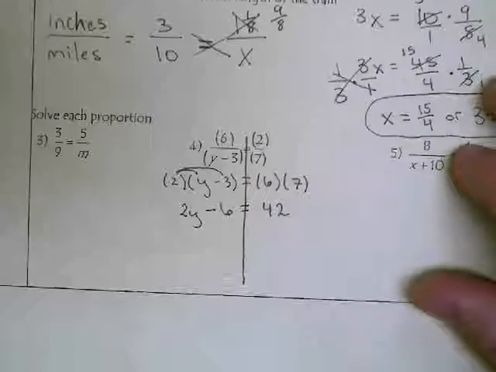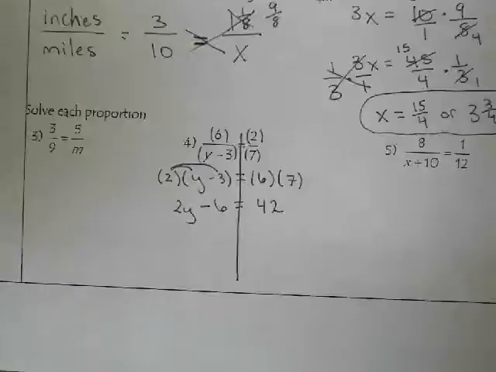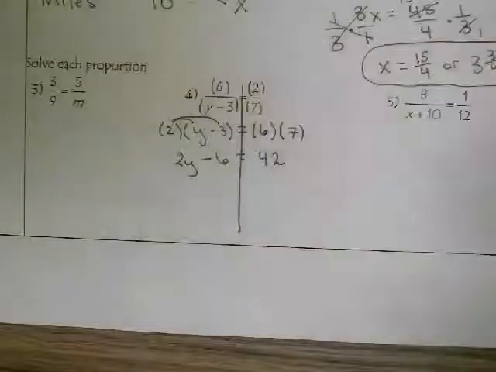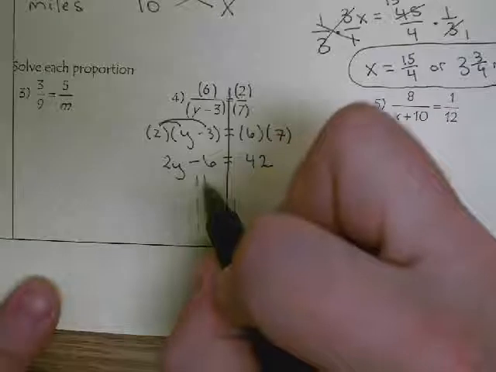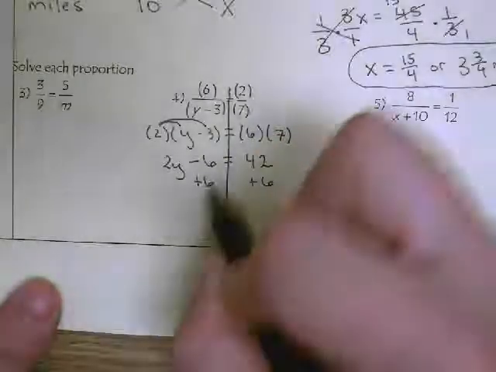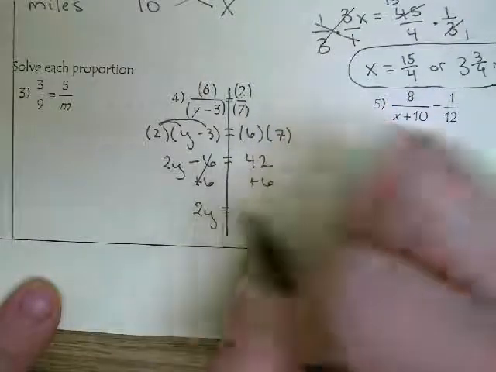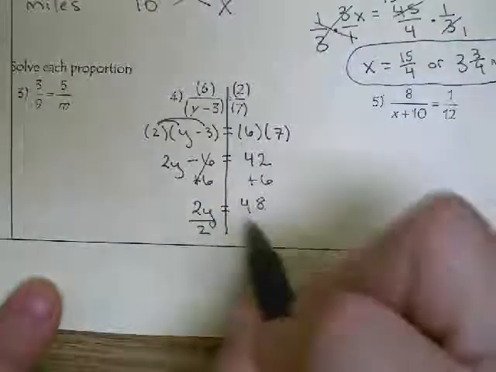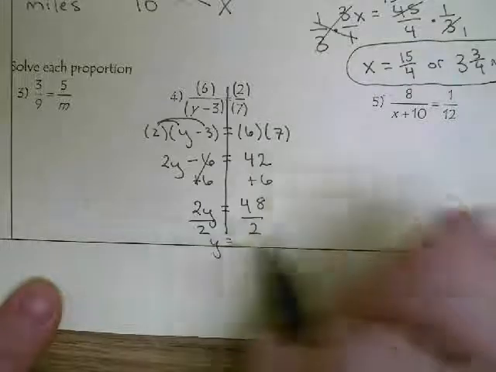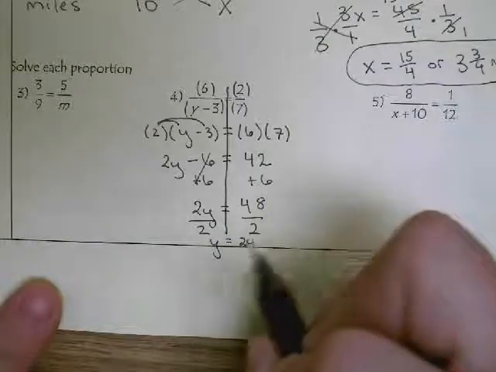Now we're ready to solve using our PEMDAS. We already dealt with the parentheses by distributing. Now we'll get rid of our minus 6 by adding 6 to both sides. So we have 2y is equal to 48. We'll divide both sides by 2, and y is equal to 24.